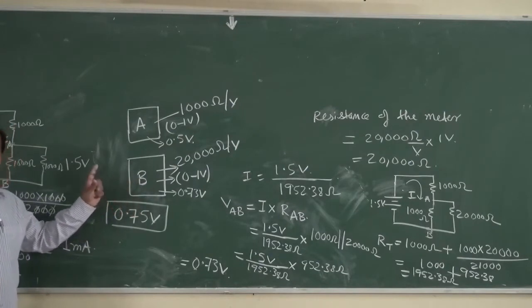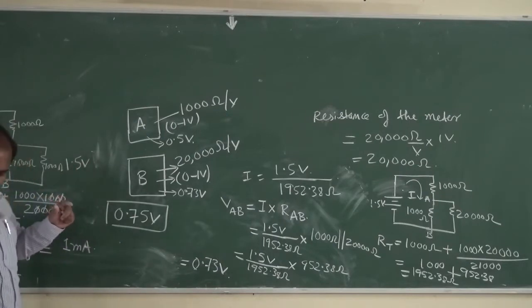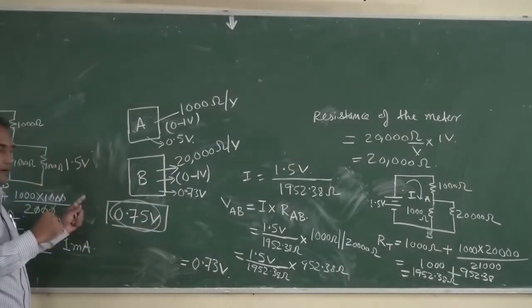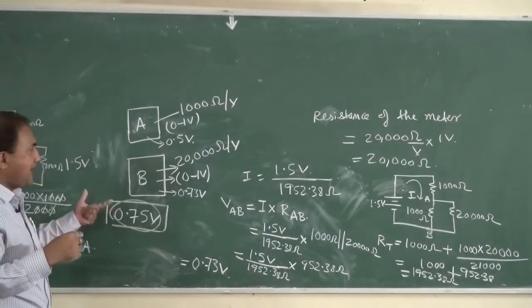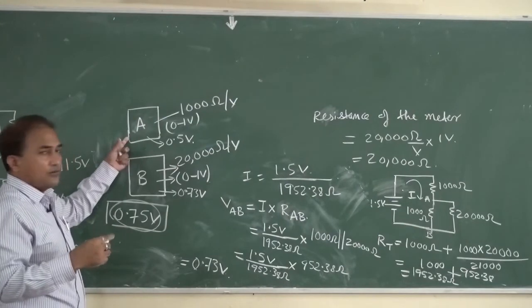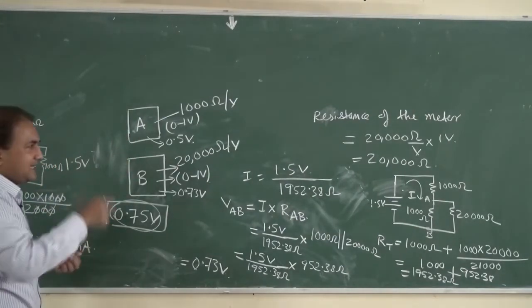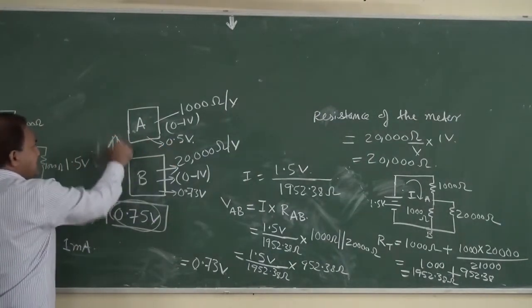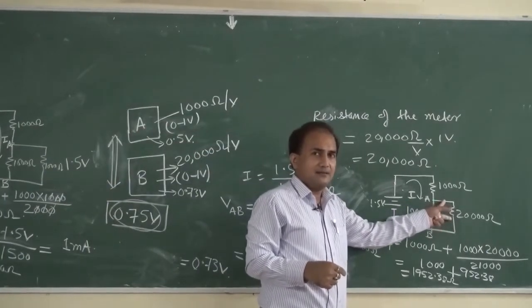By using a multimeter whose sensitivity is more, its measurement will be much closer to the accurate value, so its accuracy will be much more as compared to the meter whose sensitivity is lower. Why does this variation occur? This variation occurs due to the loading effect of the multimeter.